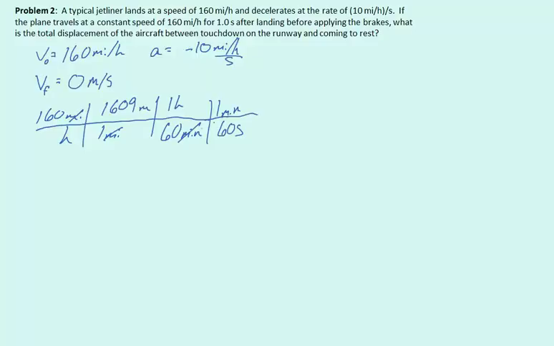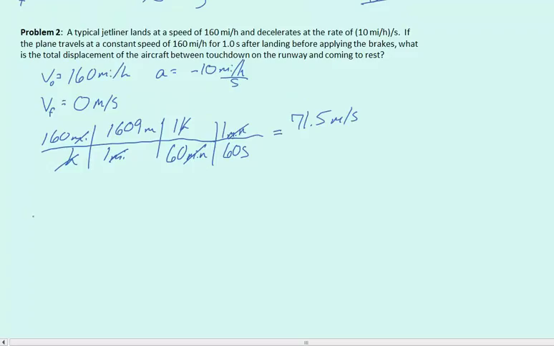So our minutes will cancel out, as well as our hours, and we will be left with meters over seconds. When we multiply and divide this through, we'll get an initial velocity of 71.5 meters per second. So we just got done converting our initial velocity of miles per hour into meters per second.